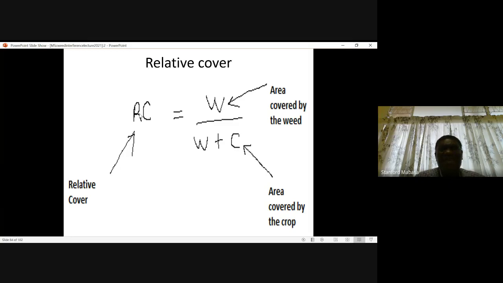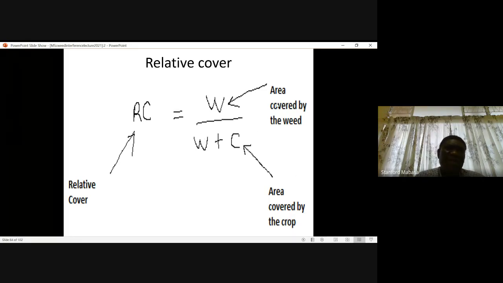So measuring leaf area is a bit problematic, but just estimating relative cover could be probably simple. You go in a field, you say weeds are covering maybe 80% or 50%. You also estimate the cover of the crop, the area covered by the crop.